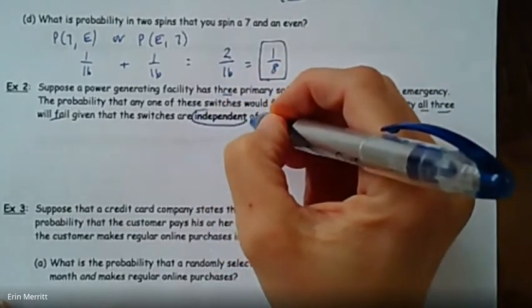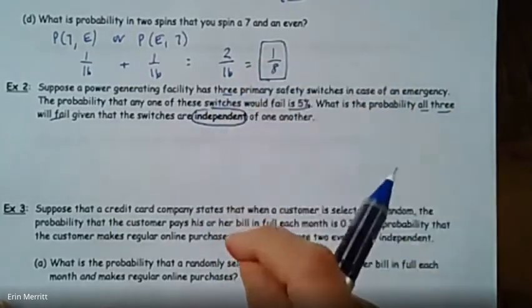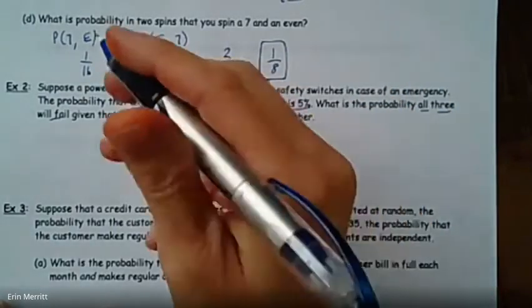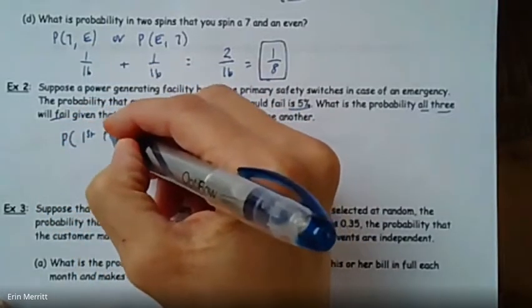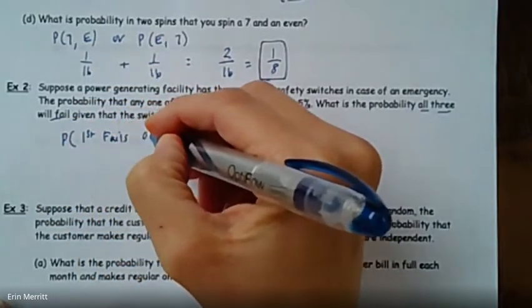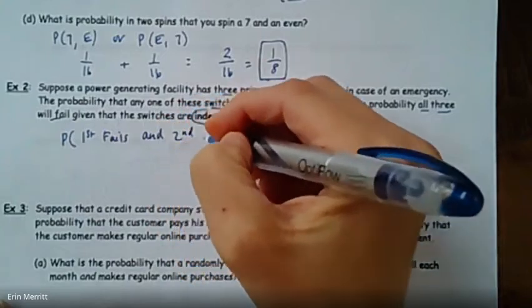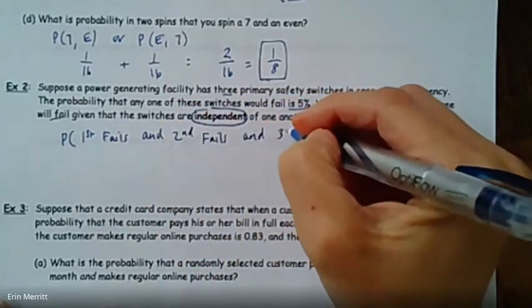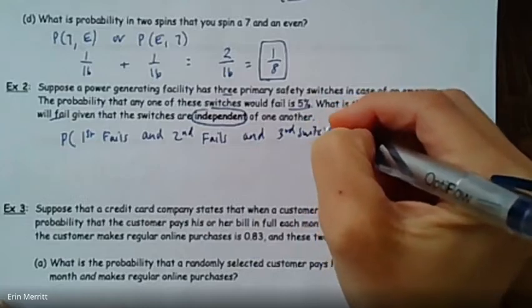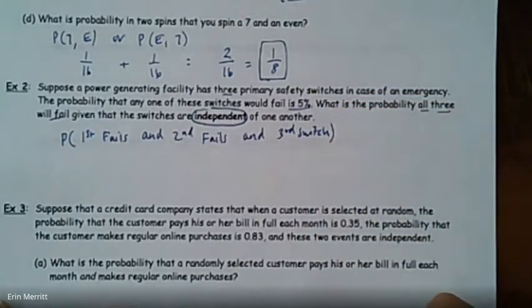All right, so the fact that they're independent makes it nice and easy to deal with. So what we're looking at is the probability that the first switch fails and the second switch fails and the third switch fails. It'd be unfortunate.